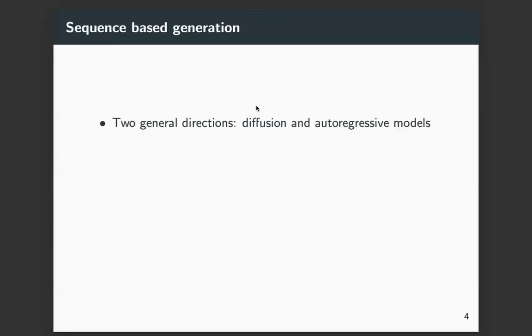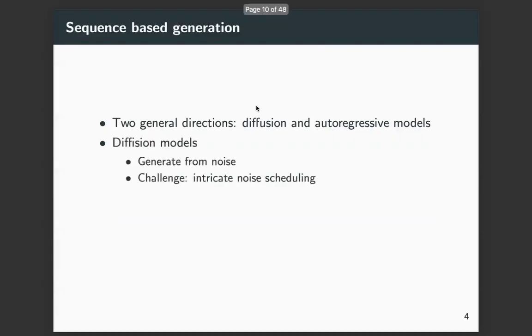The other way would be simply to optimize in the sequence space. The problem with that, obviously, is that sequence is discrete. Diffusion will have some issues with that because diffusion is mostly built on continuous space.